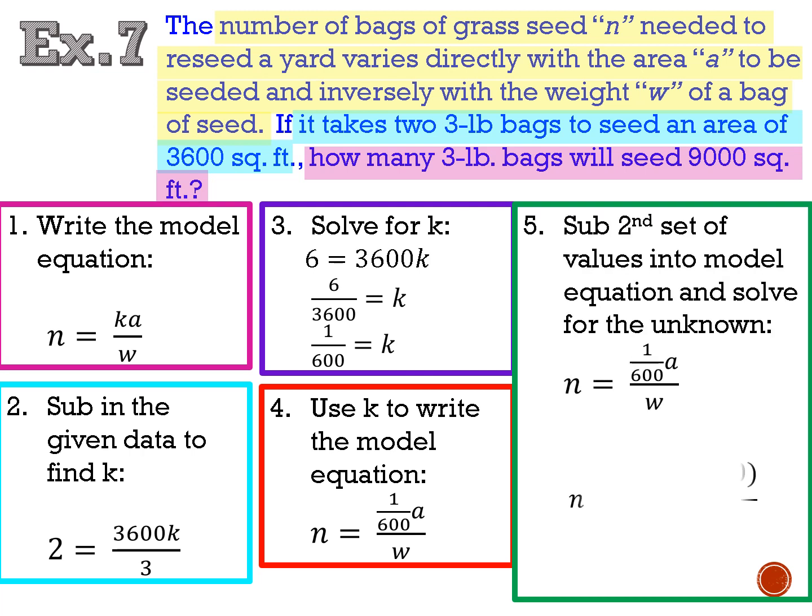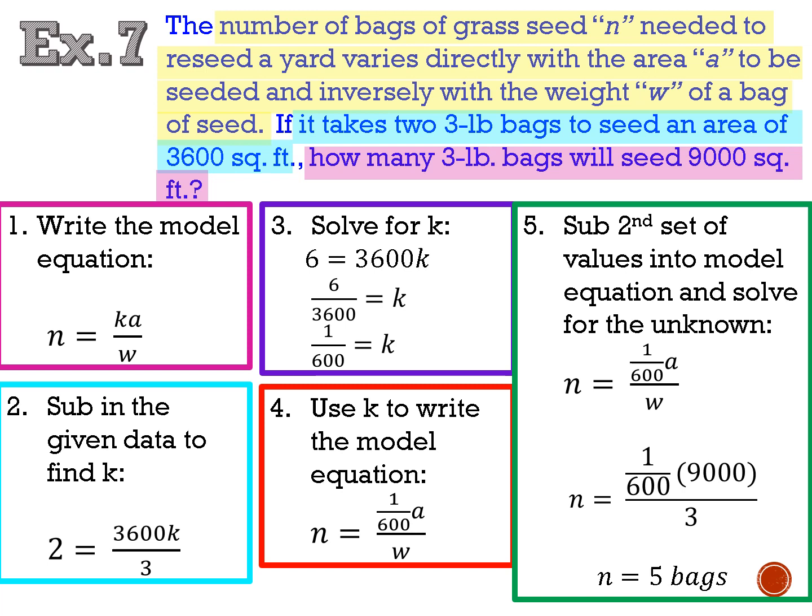So now is when I get to clean it up. So you probably want to do some scratch work off to the side. 1 over 600 times 9,000. You'd simplify that, and then you'd divide that value by 3 or multiply by 1/3, either way. And when you clean that up, you get 5 bags.